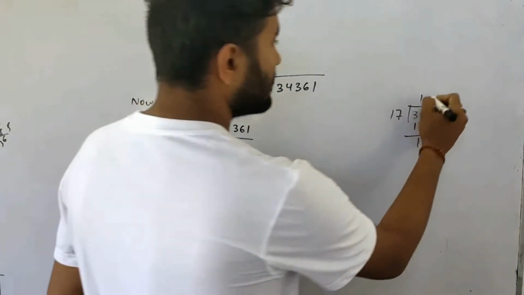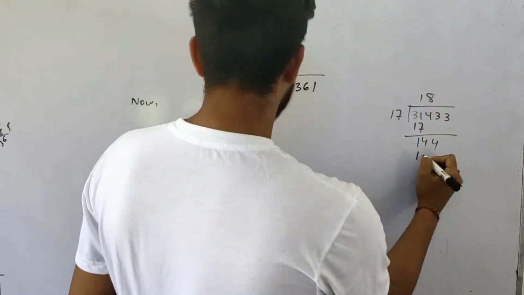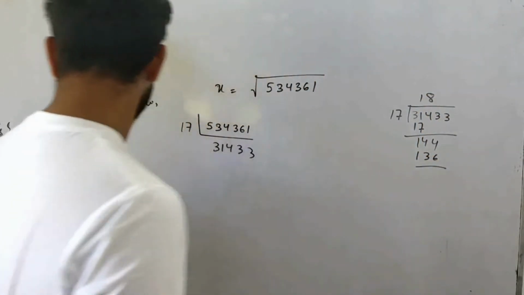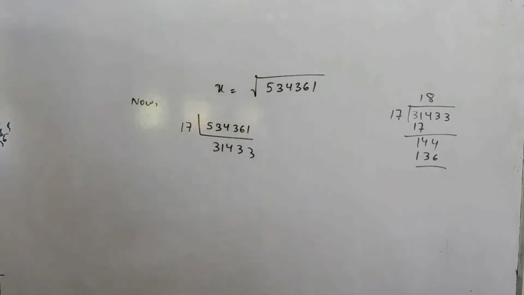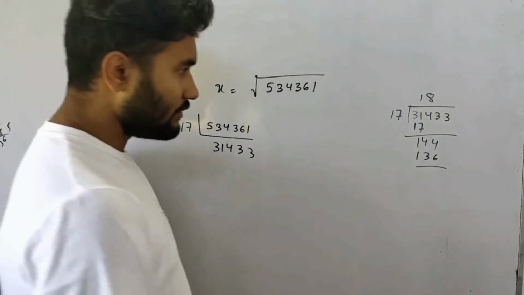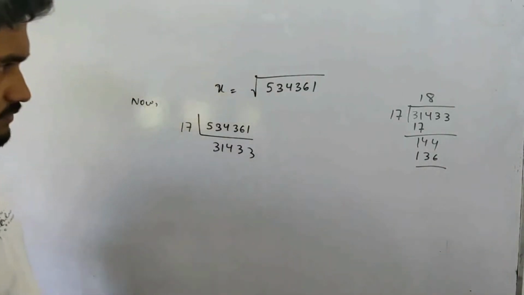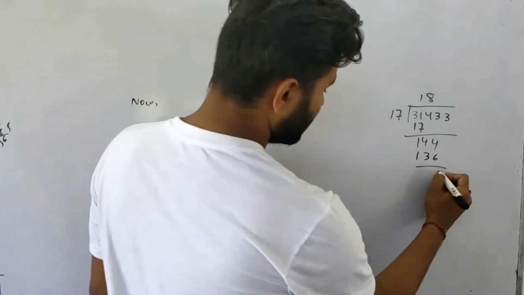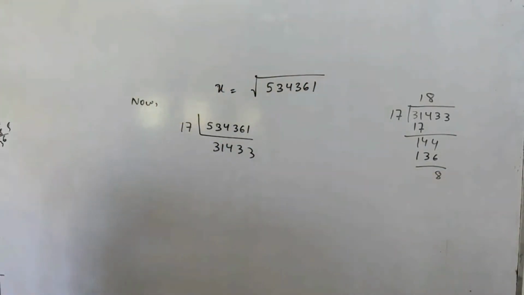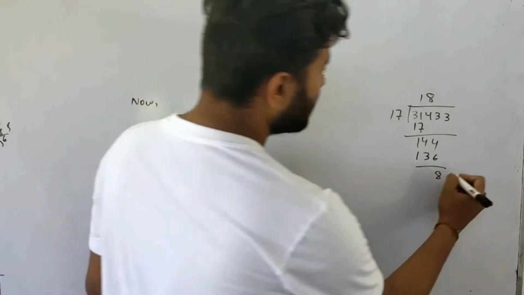So if you subtract, how much will you get? 8, isn't it? Then who will come down? 3 will come down, isn't it?